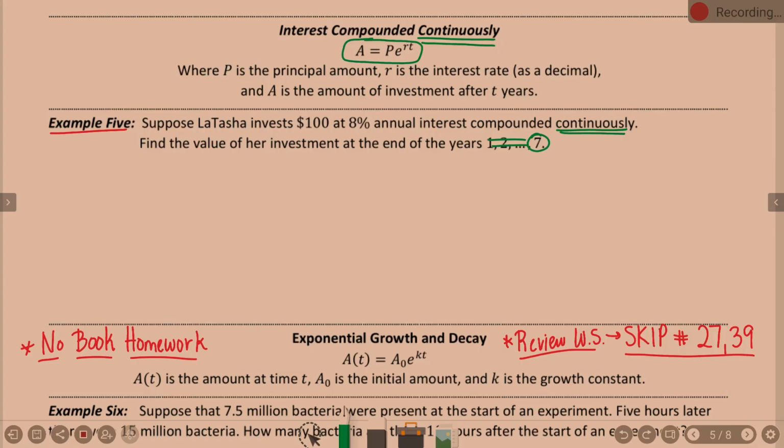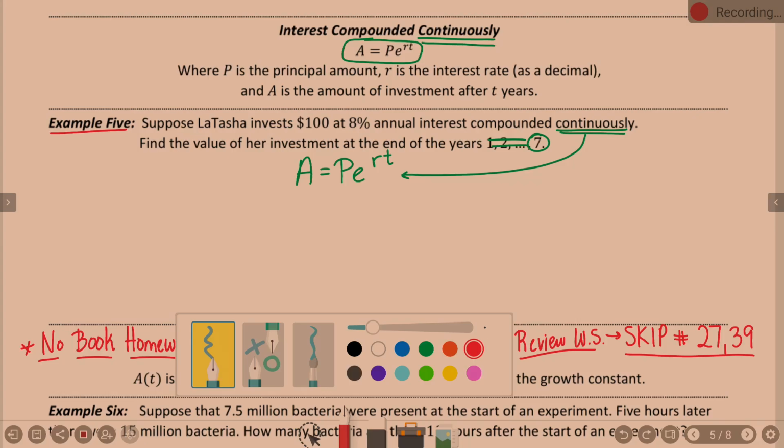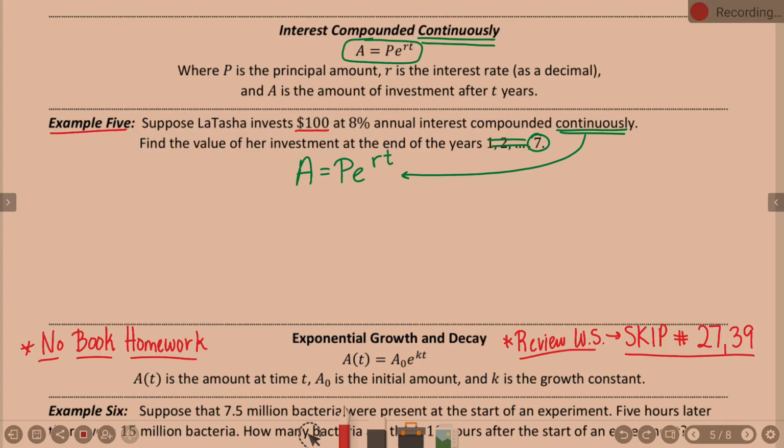Yep. Okay. So what formula do we know we're using? It says continuously, so I know I'm using A equals PE to the RT because it says continuously. What do we know? P is 100. What else? R is 0.08. And T is 7. Right? And T is 7 because that's what your teacher is telling you to use because that's just what we're trying to streamline to.